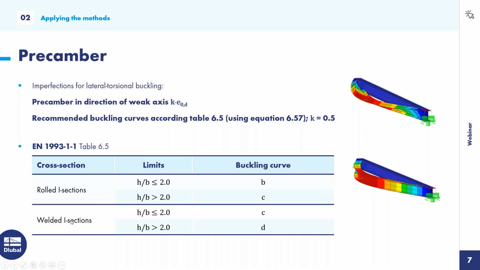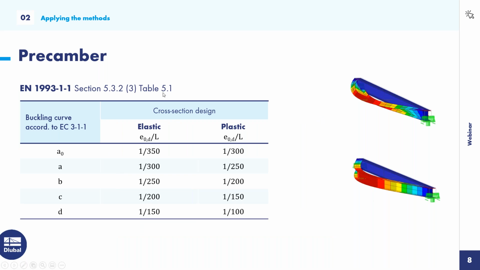Our structure has got welded I-sections. h to b is larger than 2 in our case. Therefore, we need to apply the buckling curve D. Next table, table 5.1, buckling curve D.